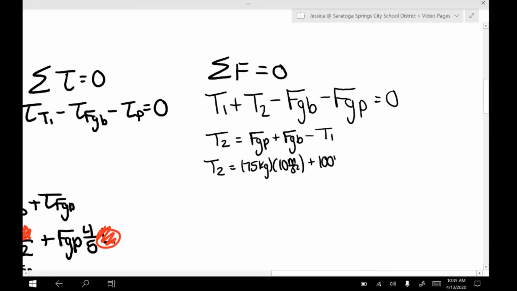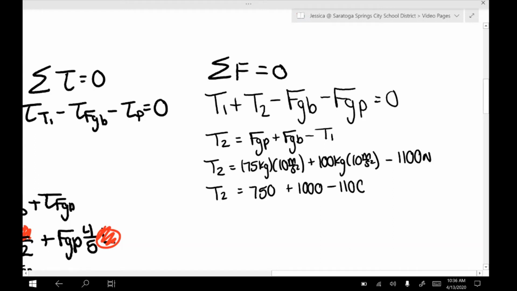The board is 100 kilograms times 10 meters a second squared gives me that. And T1 was 1100, which we found out. So this is 750 plus 1000 minus 1100. T2 is 650 newtons.